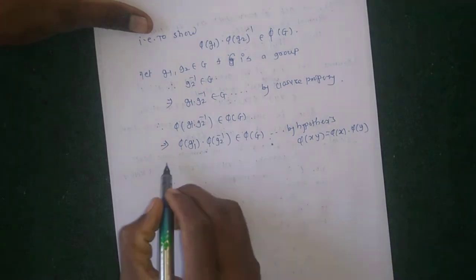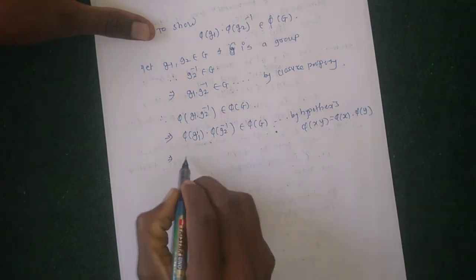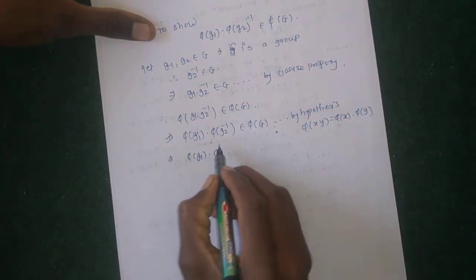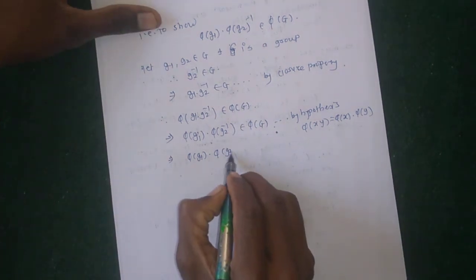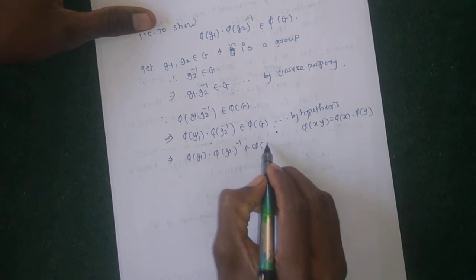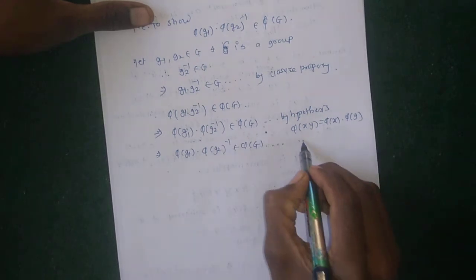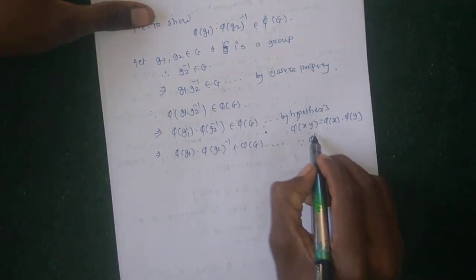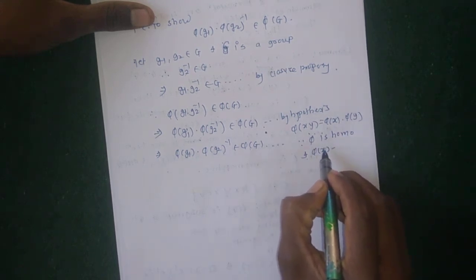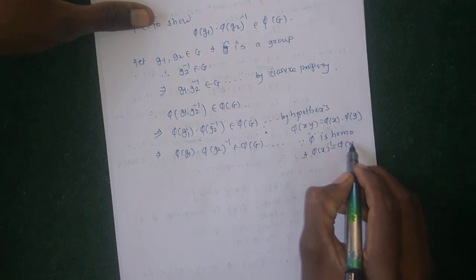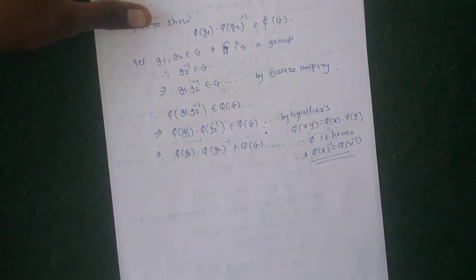So phi of x times phi of y belongs to phi of G. Therefore phi of G1 times phi of G2 inverse equals phi of (G1 times G2 inverse), which also belongs to phi of G, since phi is a homomorphism and phi of x inverse equals phi of x, all inverse. Using this property, phi of G1 times phi of G2 inverse belongs to phi of G.